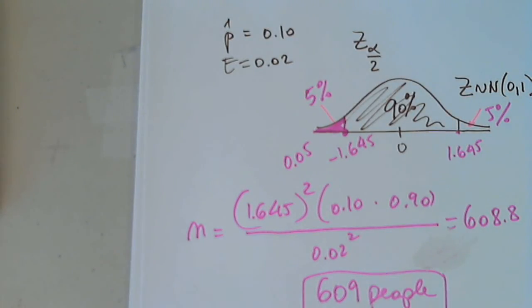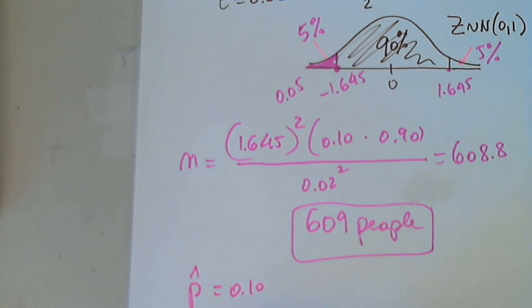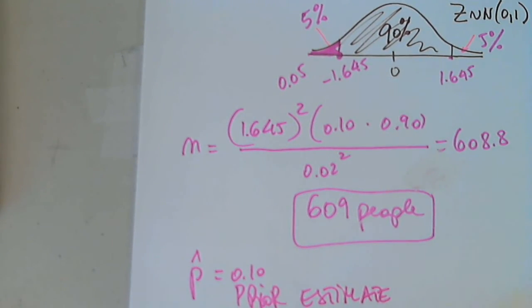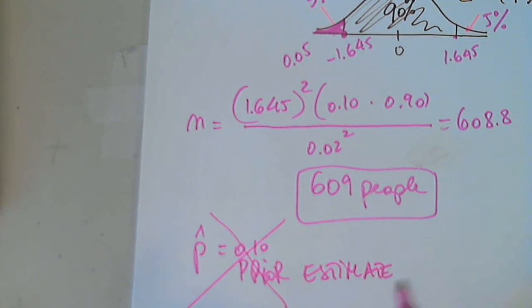So these were prior estimates, meaning we were given p hat 0.10. This was a prior estimate from a different study from 10 years ago, who knows? We don't have that now. If we don't have it, we will assume p hat is 0.5.